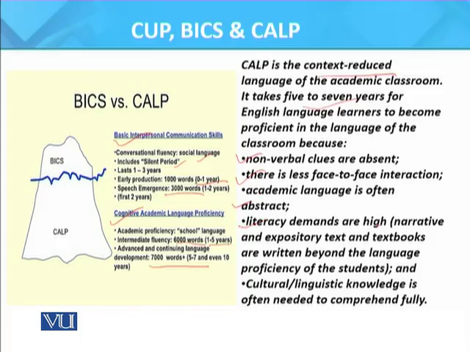Literacy demands are high, which means narrative and expository textbooks are written beyond the language proficiency of the students, and cultural linguistic knowledge is often needed to comprehend fully. So the books are narrowly written in terms of their objectives. It's basically textbooks, and cultural linguistic knowledge is often required to interpret what is presented in those textbooks.